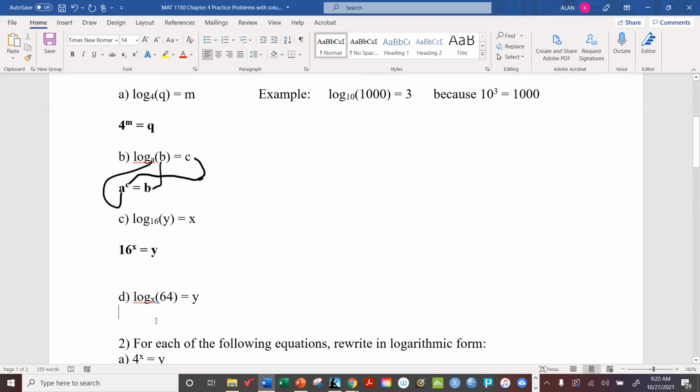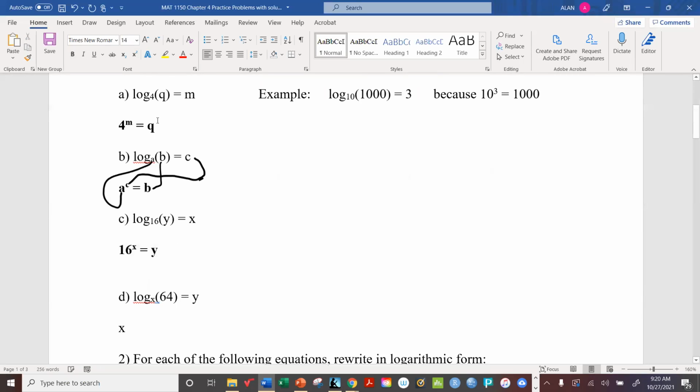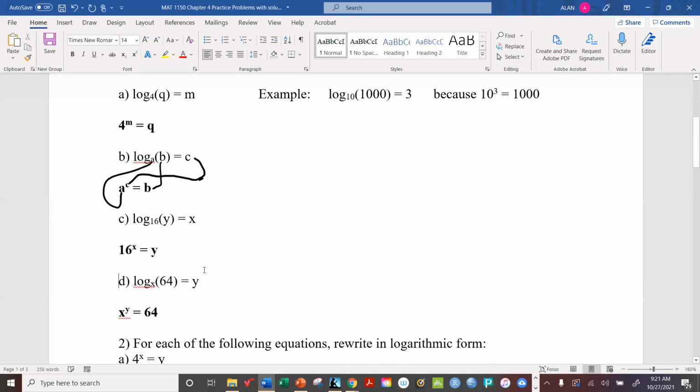And then finally, this one is telling me that x to the y power equals 64. All right, so those aren't that hard.